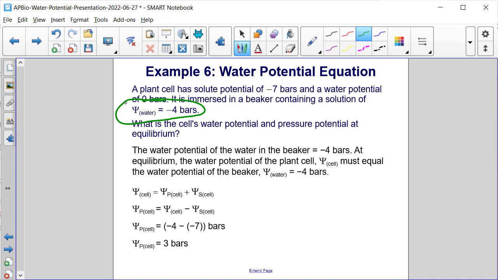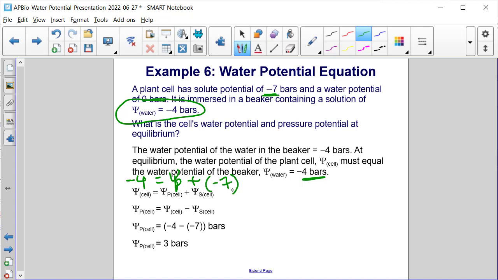So my water potential equation is the overall water potential is the pressure potential provided by the cell walls plus the solute potential of the cell. So if I put a -4 in here for my overall water potential for the cell at equilibrium, as we established, then the pressure potential provided by the cell wall plus the solute potential inside the cell, which we're told is -7 bars.